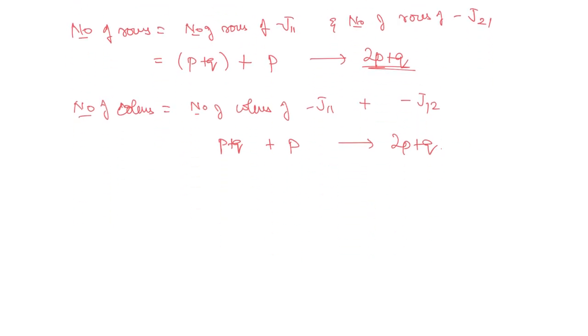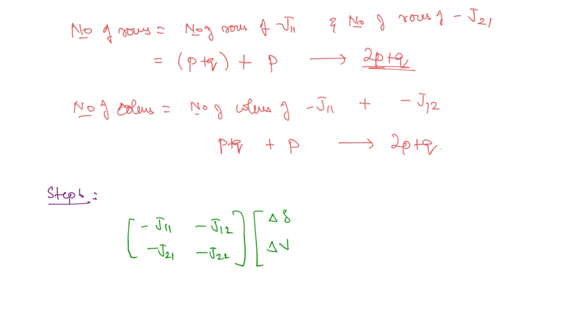Next, step 6. If you remember, we wrote an equation like this: minus J11, minus J12, minus J21, minus J22, multiplied by delta delta, delta V, and this is equal to delta P and delta Q. Now what we did, we have already found out delta P and delta Q. This is the scheduled or the specified power minus the calculated power.